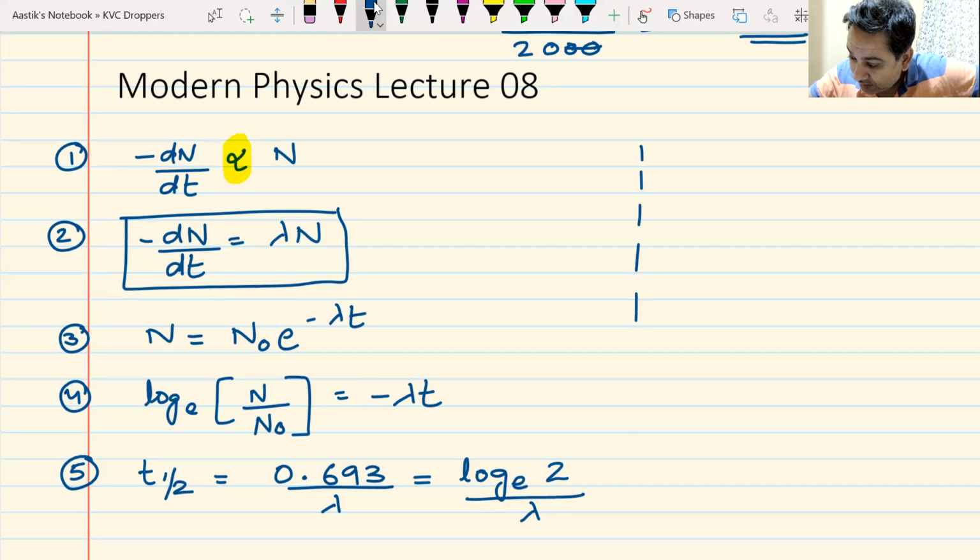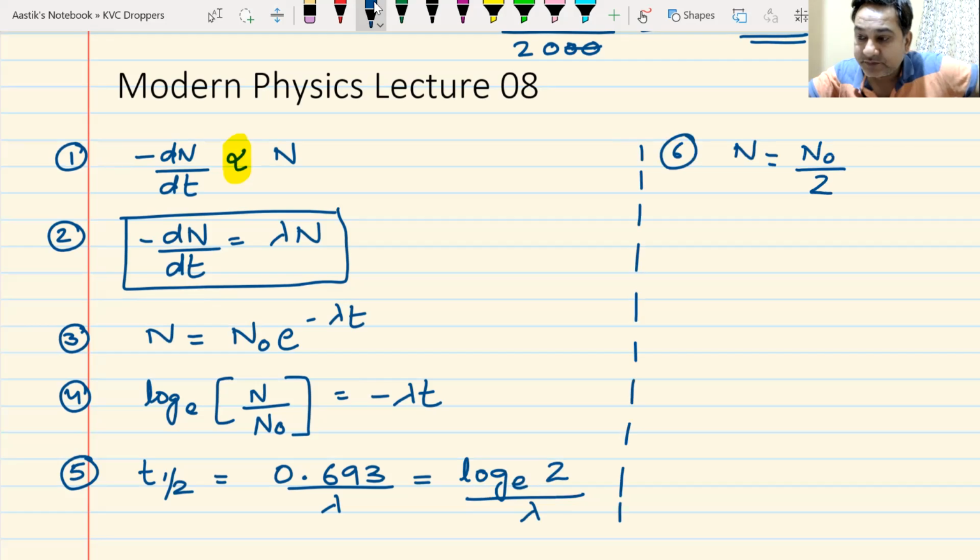At half-life, the number of active nuclei N becomes N naught by 2. Do we understand this? Yes, sir. So in this equation, I am going to put the value of N as N naught by 2, and there we will get the formula of half-life.